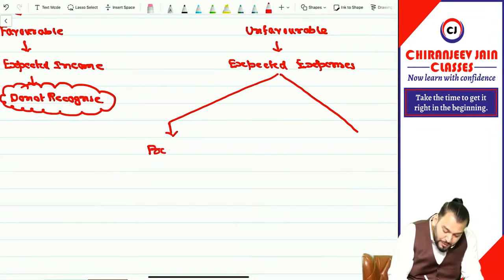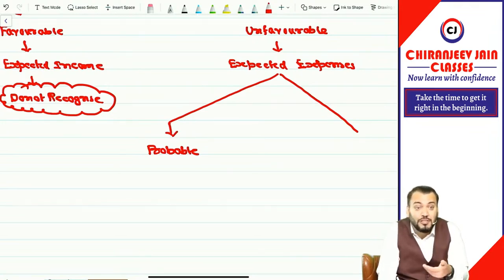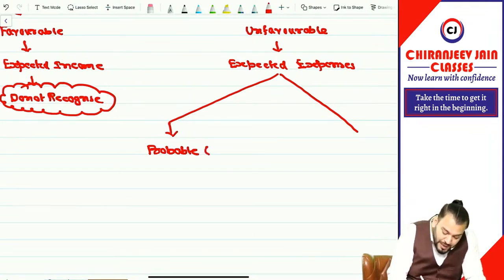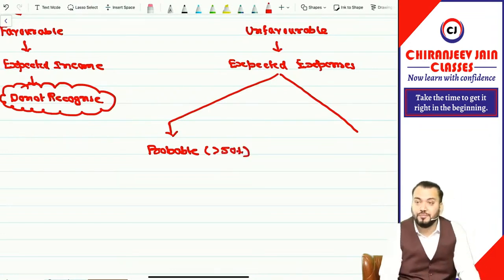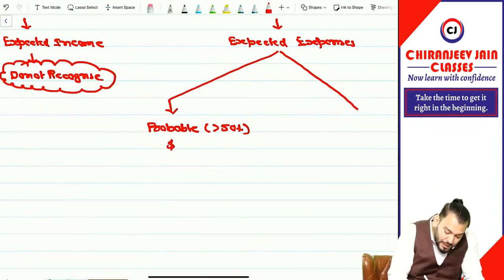If it is probable. When I am saying probable, probable means chances are more than 50%. Correct. If it is probable and amount can be estimated.